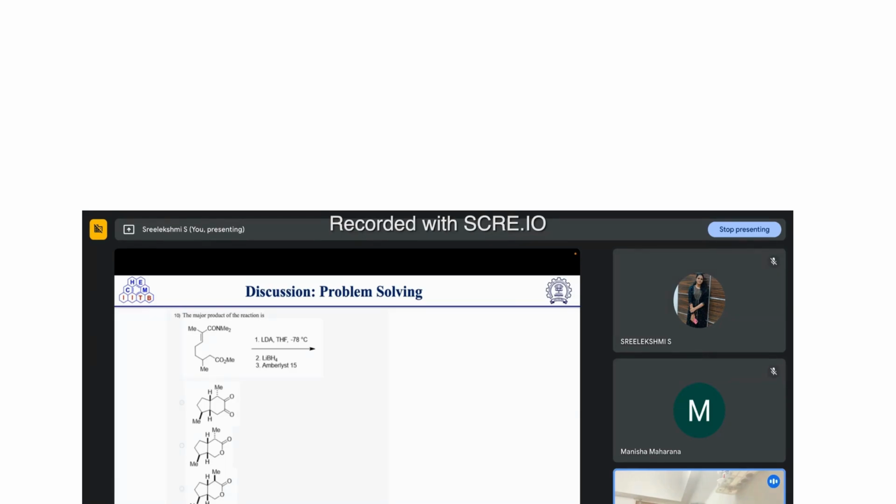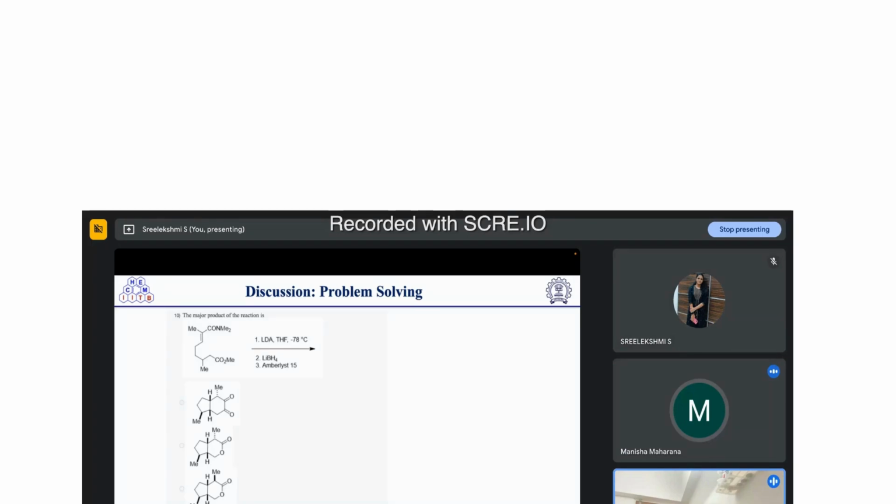Now the last question, the major product of the reaction. This compound upon treatment with LDA in THF at minus 78 degrees Celsius, followed by LiBH4 and then Amberlyst 15, which will be the major product? Here, Amberlyst 15 is a resin. Yes, it is an acidic resin.